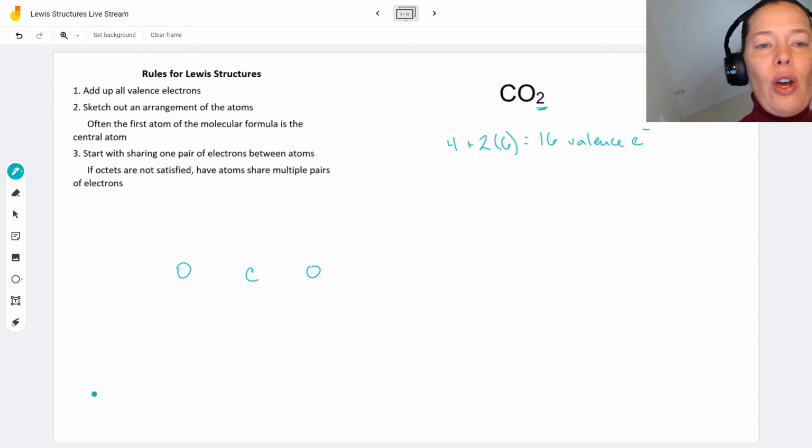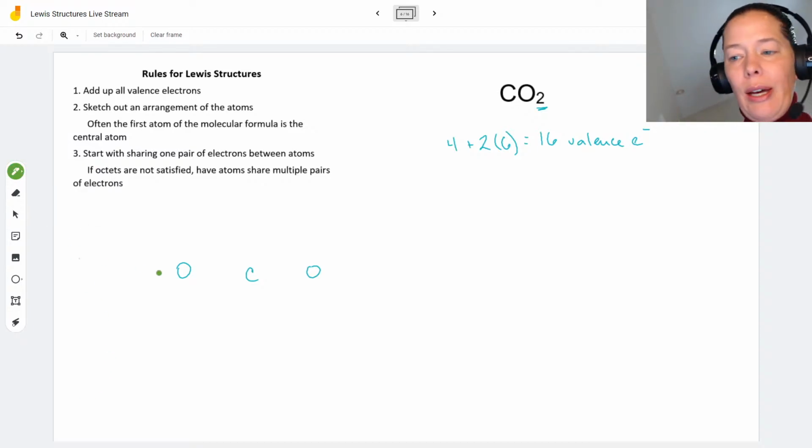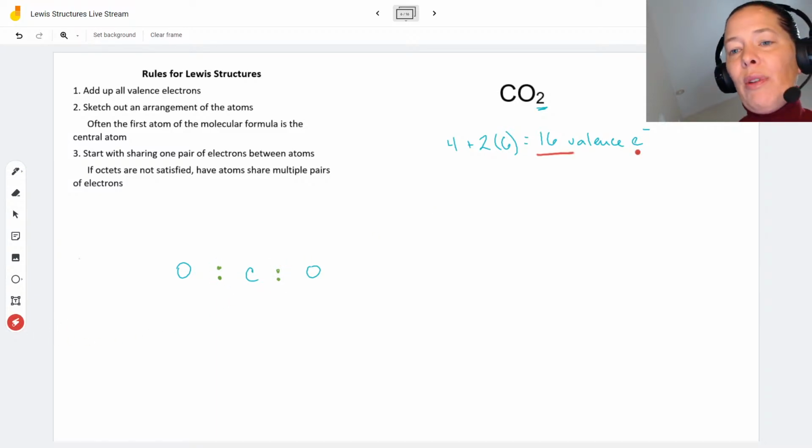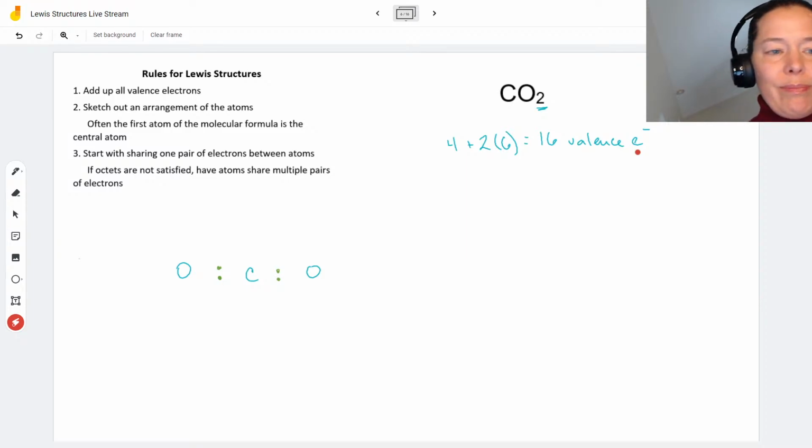All right, so switching over to the green, let's put our electrons in. Let's make single bonds here. So 1 pair of electrons there, 1 pair of electrons here. Okay, so I've used 4 valence electrons, but of course I've got a total of 16 valence electrons.